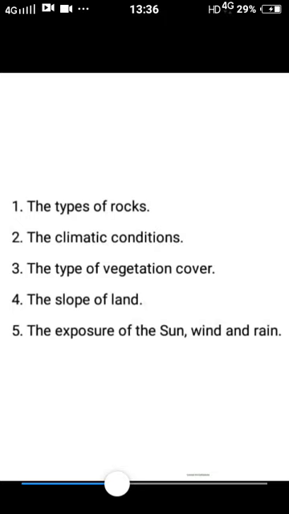So here are some factors: the types of rocks, the climatic condition, the type of vegetation cover, the slope of land, sometimes very high, sometimes very deep, and sometimes steep or gentle slope. The exposure to sun, wind and rain: sometimes very little heat, sometimes very high heat, sometimes very fast blowing winds, and sometimes heavy rainfall. So it depends on many factors. Due to these factors, weathering happens in our nature.